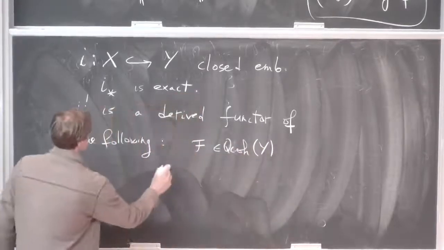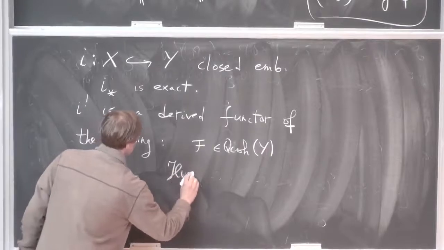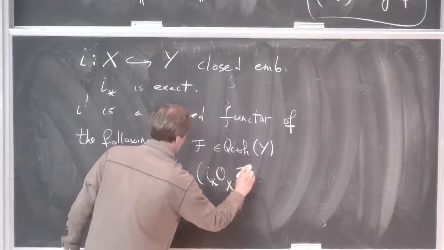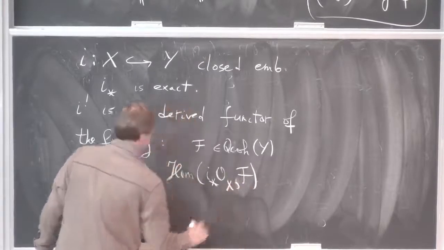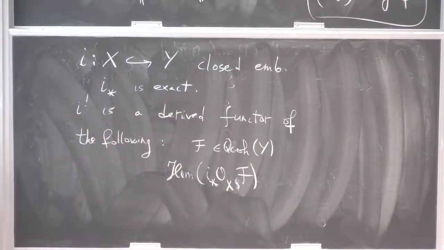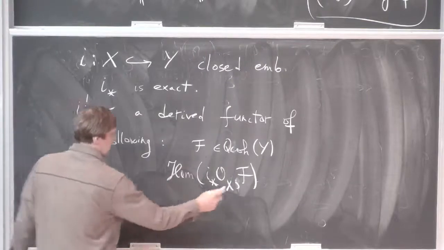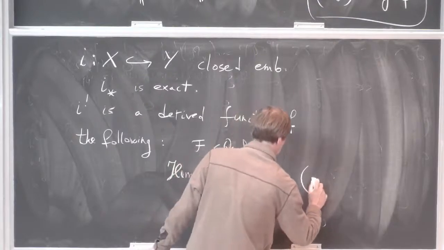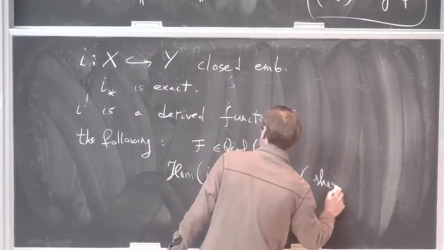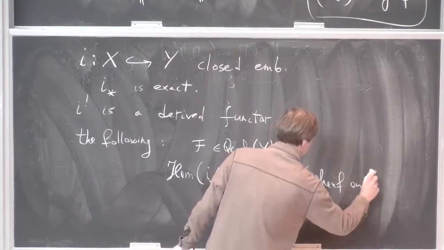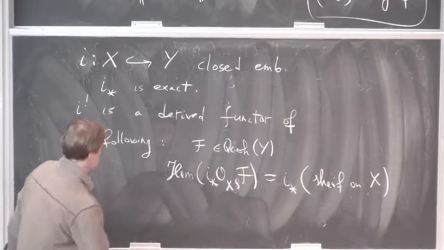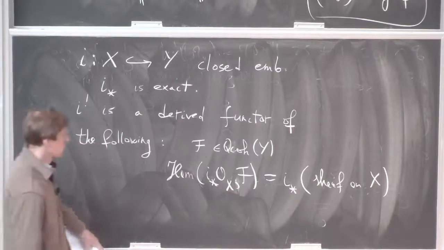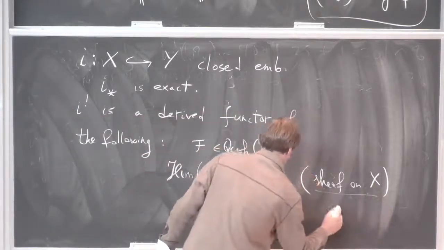And then you consider Hom from i lower star of O_X to F. This is actually a sheaf on Y, but you can see that this is i lower star of some sheaf on X. And this sheaf on X is the underived version of i upper shriek.